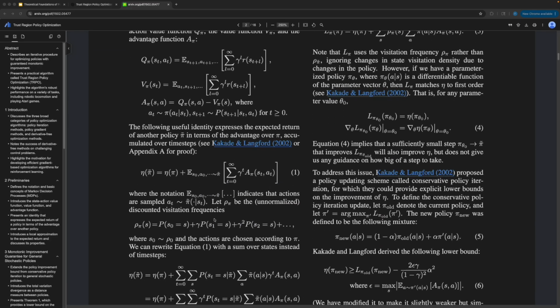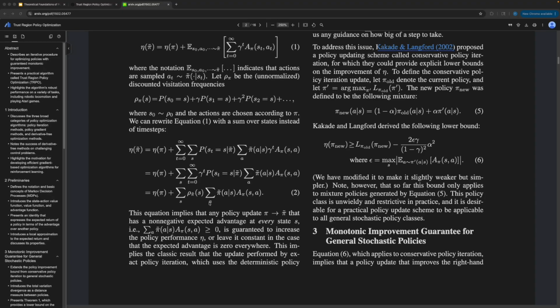So the term here, among all actions, only the actions belonging to the argmax would be non-zero, since pi tilde of a given s would be zero for the others, and for the action where you updated your new policy as the argmax of q pi s a, this advantage term will be either zero or positive.